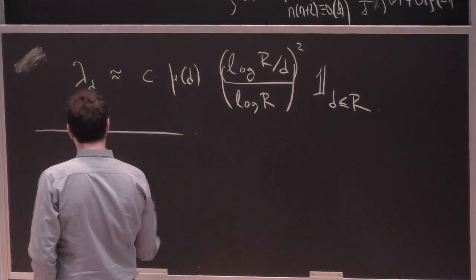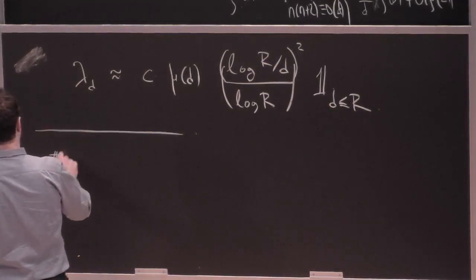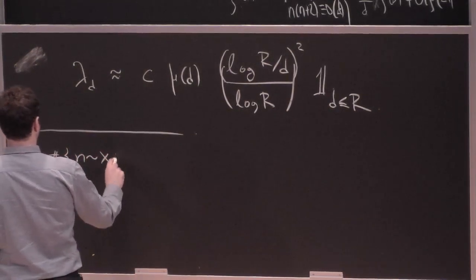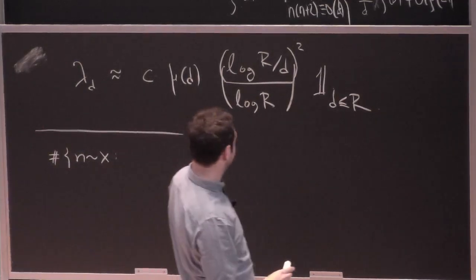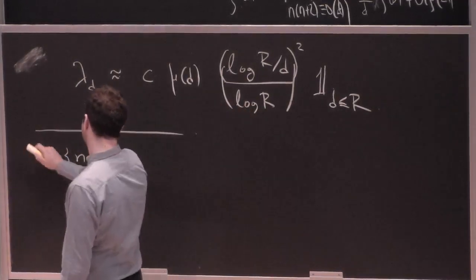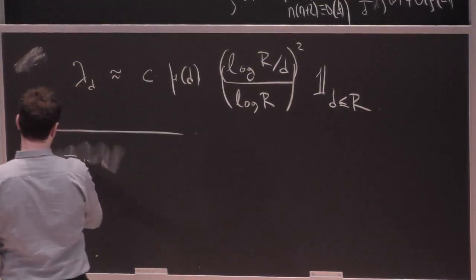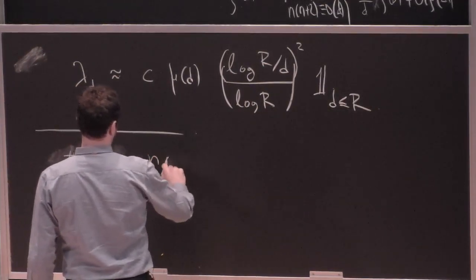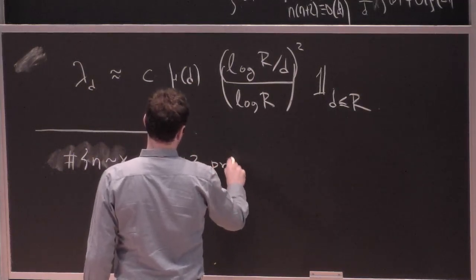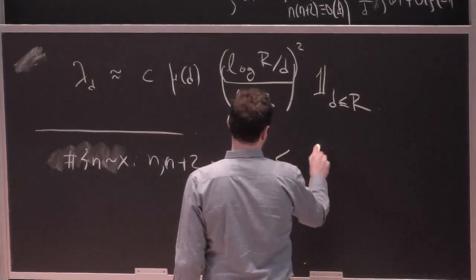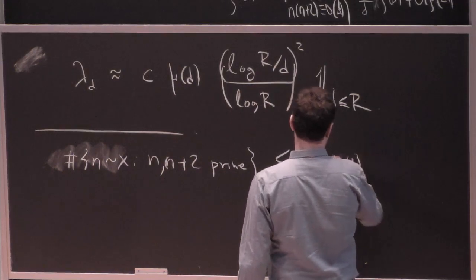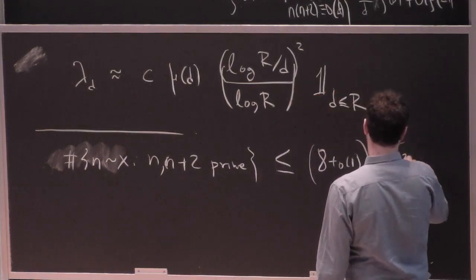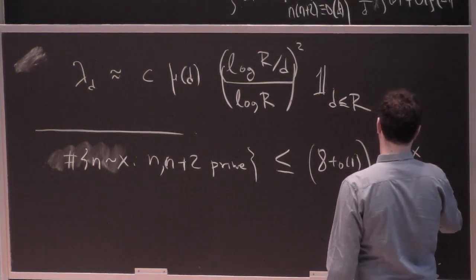And in general, let's say I want to count... by the way, this leads to the upper bound 8 times the truth. So 8 times what you would want to prove.